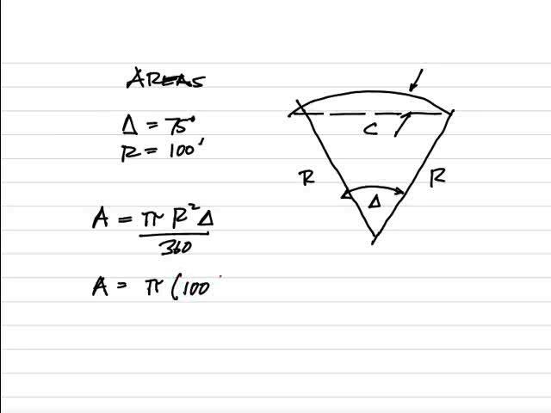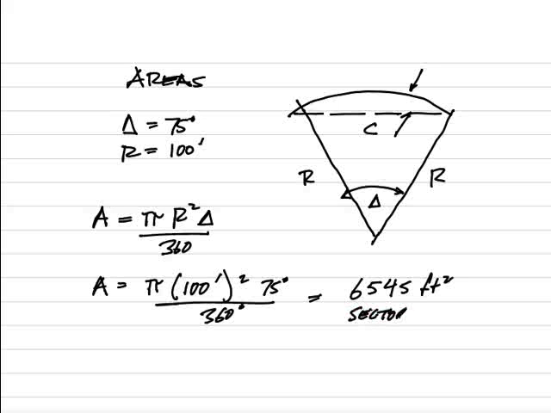Pi times the radius squared times our delta over 360. You'll see that the degrees in delta and the degrees in 360 cancel, leaving me square feet. So this gives me a value of 6545 square feet. This is the sector area, isn't it?